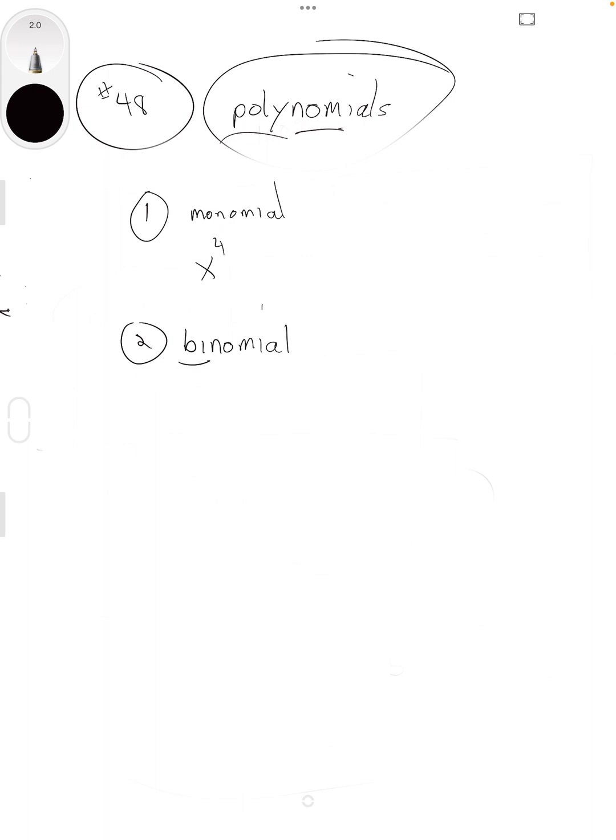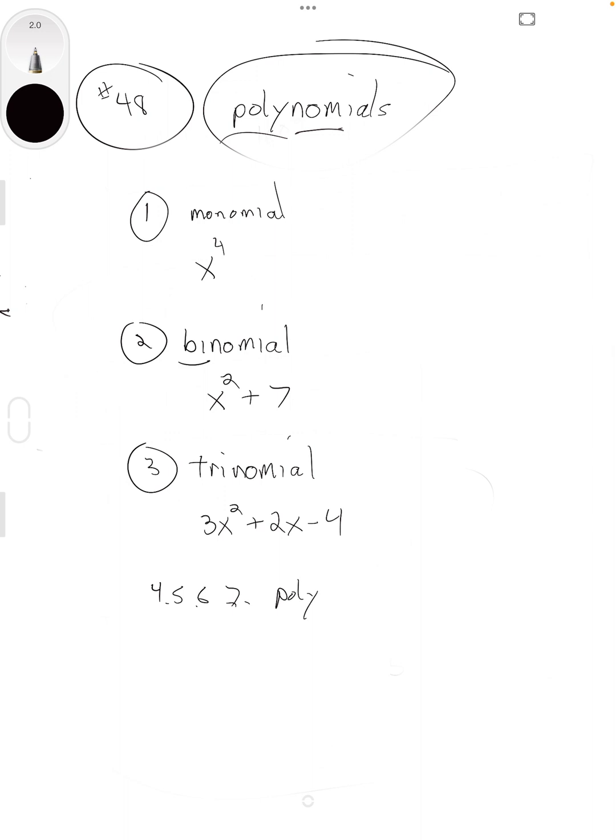Again, bi means 2, so x squared plus 7 is a binomial. If there's 3, we call it, you guessed it, a trinomial. Like 3x squared plus 2x minus 4. Okay, and that's the name. And if there's 4 or 5 or 6 or 7, we just call them polynomials.